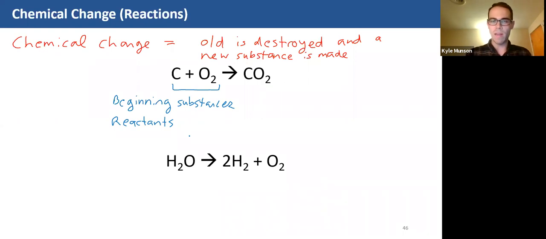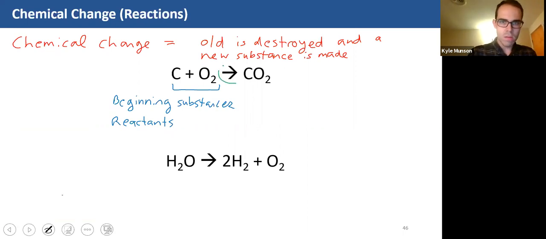They're always on the left side of the chemical equation, or this arrow, I should say. So they're always on the left side of this arrow here. Okay, so they're always on the left.